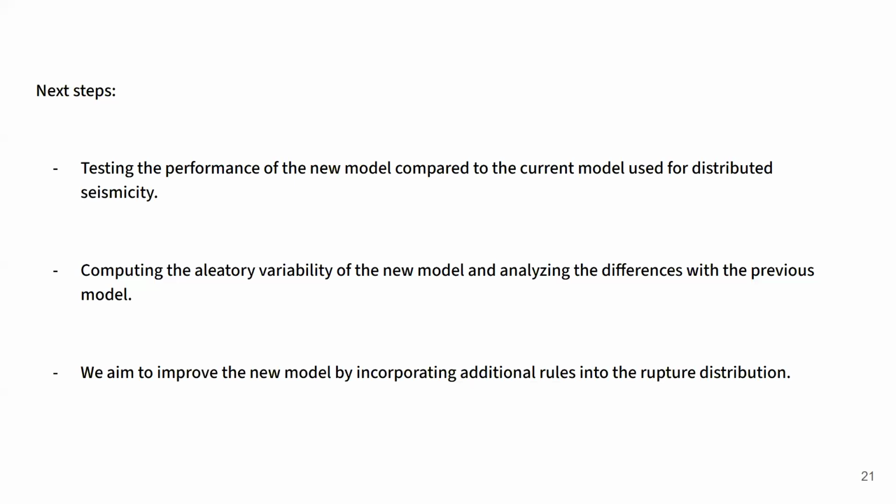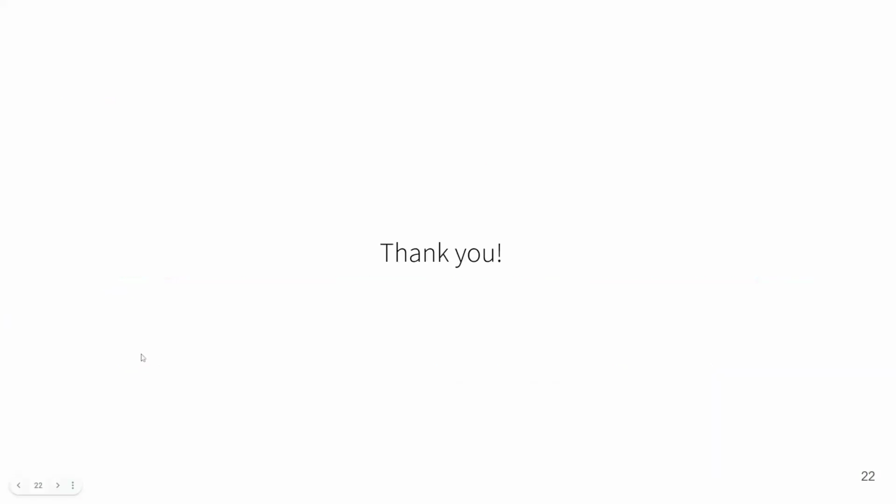And I hope with this model it will be reduced. So let's see if it will happen or not. And we still aim to improve the new model by incorporating additional rules into the rupture distribution. So again, in the next presentation, I will show you how I did it and what the new things are that I want to add. So yeah, thank you.